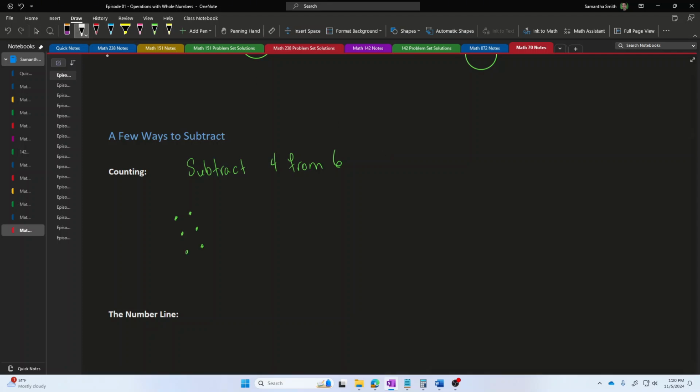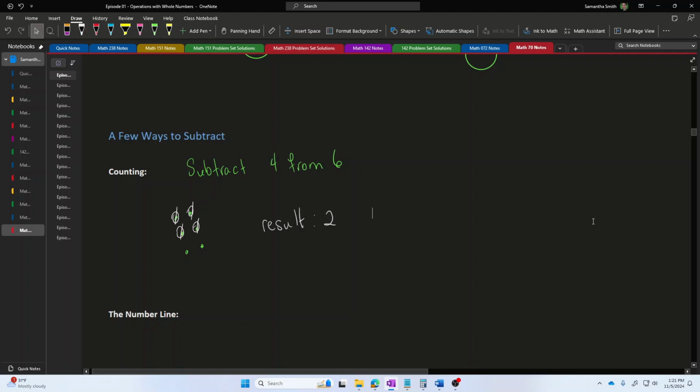And then I would remove 4 objects from that pile. And I would count how many objects remained after removing 4. So if I start with 6 and remove 4, then what is left from that is 2 units.